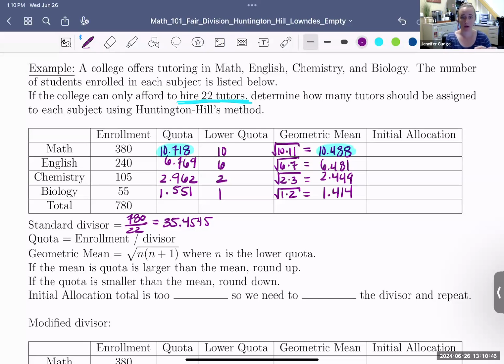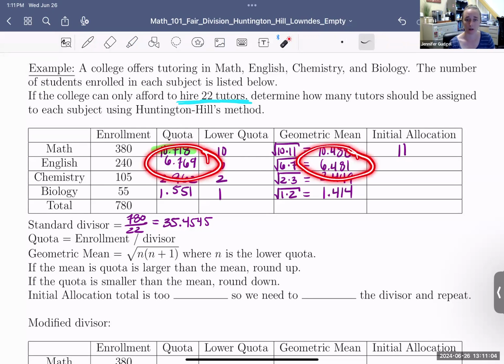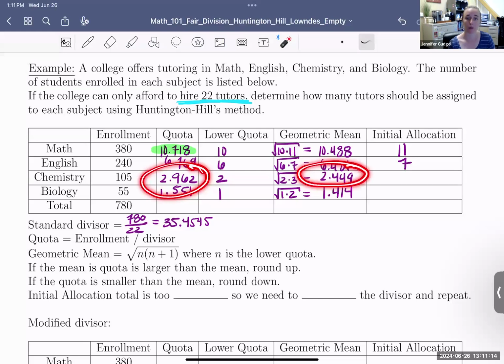Don't just look for the bigger number, ask, is the quota bigger? 10.7, is it bigger or smaller? It's bigger. Since it's bigger, it gets rounded up to 11. All right, 6.7, is it bigger or smaller? 6.7 is bigger than 6.4, so that gets rounded up to 7. 2.9, is it bigger or is it smaller?